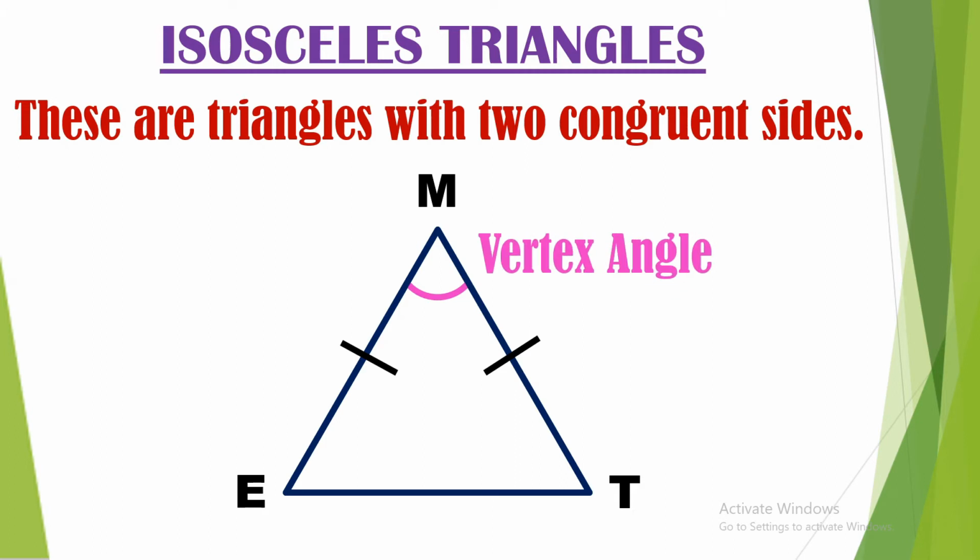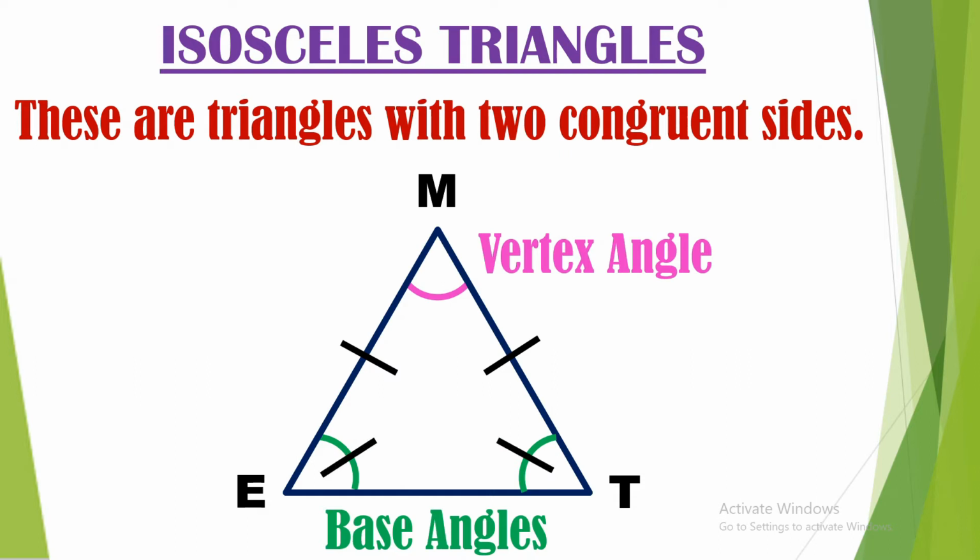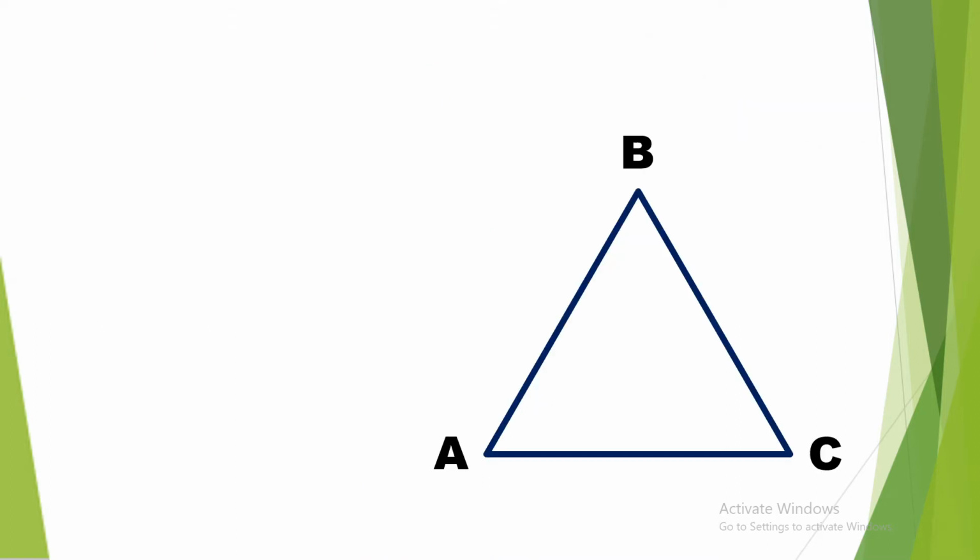And the angles opposite those 2 congruent sides are called the base angles. Take note, in an isosceles triangle, the base angles are also congruent. So angle E is congruent to angle T.